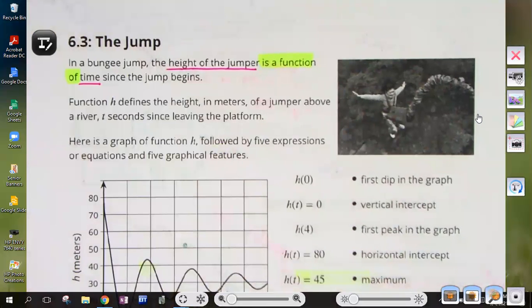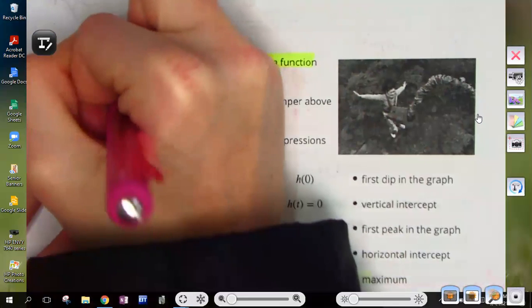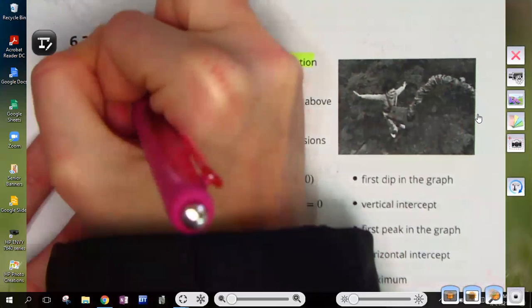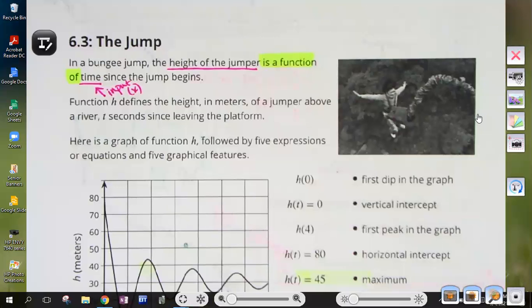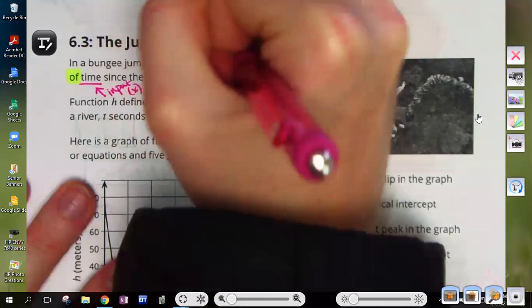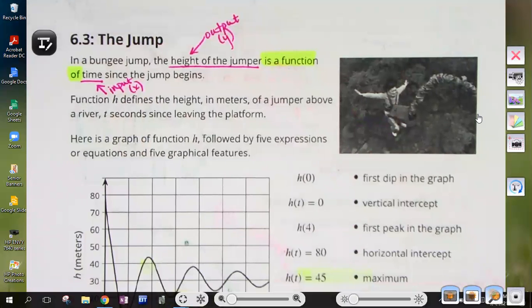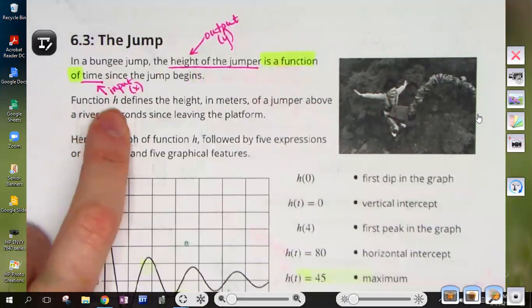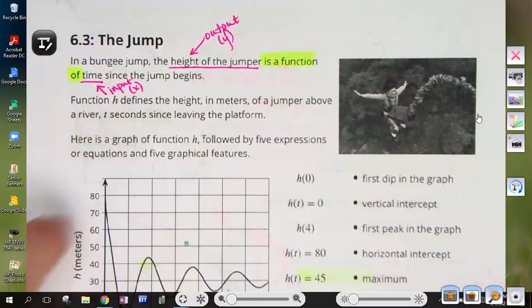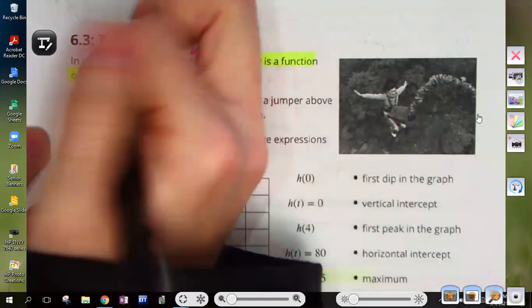Which one of those 2 things is my input? Time. My X. So what is my output or my Y value? The height. All right, so function H defines the height. So what's the name of this function? H.